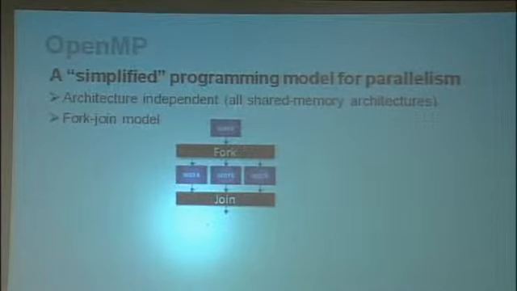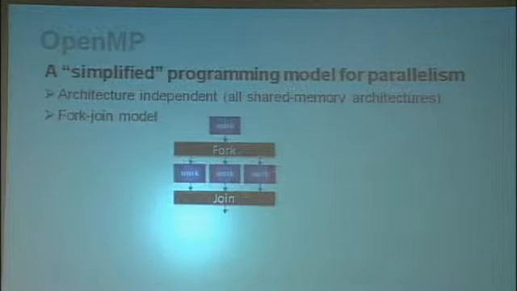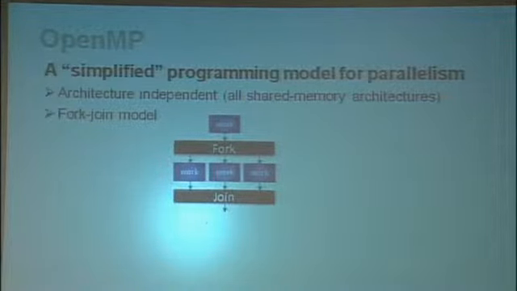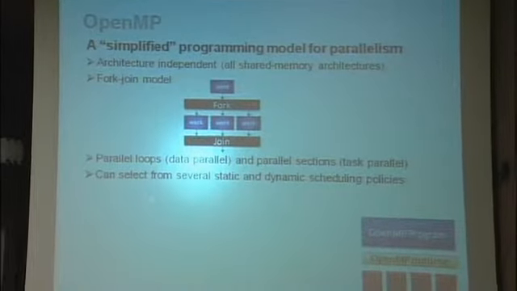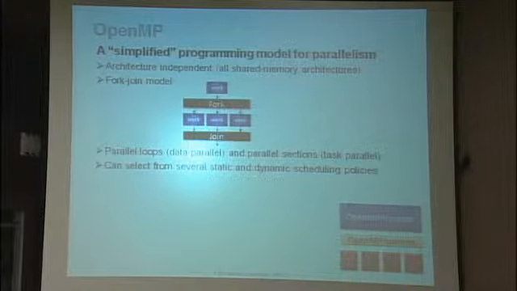You can fork into different workers and join, and you can bind these workers to threads sometimes, or control their number. I'll give you some techniques for how to do that as I go on. For parallel loops, you can do data parallelism, for parallel sections you do something like fork join, and you can select a bunch of static or dynamic scheduling policies.